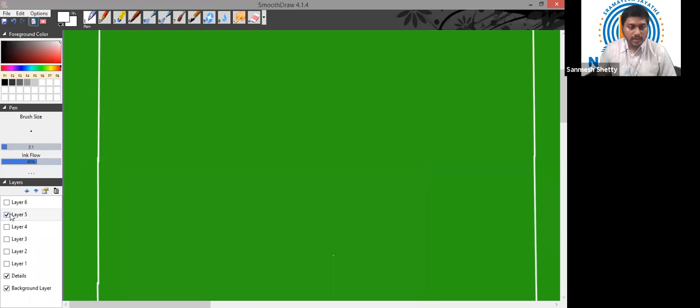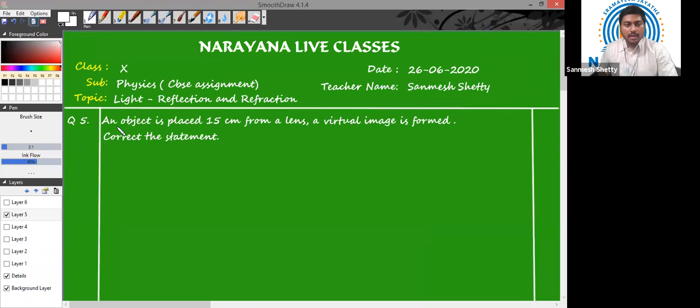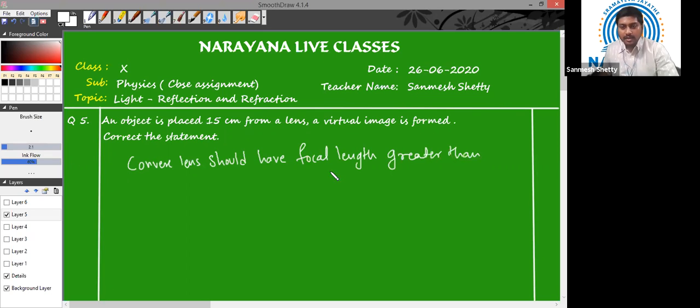So let us go back to our question, what they are saying here. An object is placed at 15 centimeter from a lens and a virtual image is formed. So we can comment on the focal length of the convex lens. We can say that the convex lens should have focal length greater than 15 centimeter.